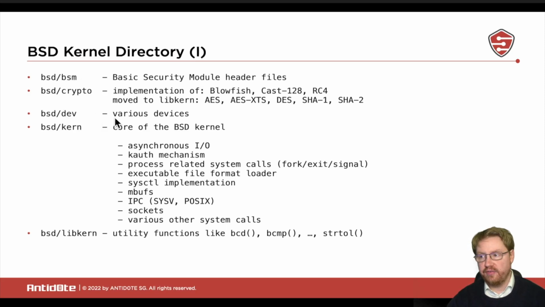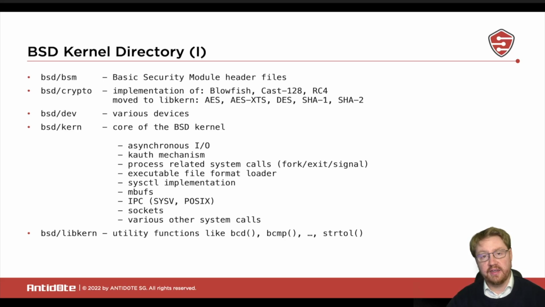In /dev you have various devices, the source code for them. In /kern you have the actual core of the BSD kernel, so that's basically stuff like the Mach file loader. You have the BSD level IPC code, you have sockets, you have a bunch of system calls, you have the whole process start, stop, fork, and exit, and so on.